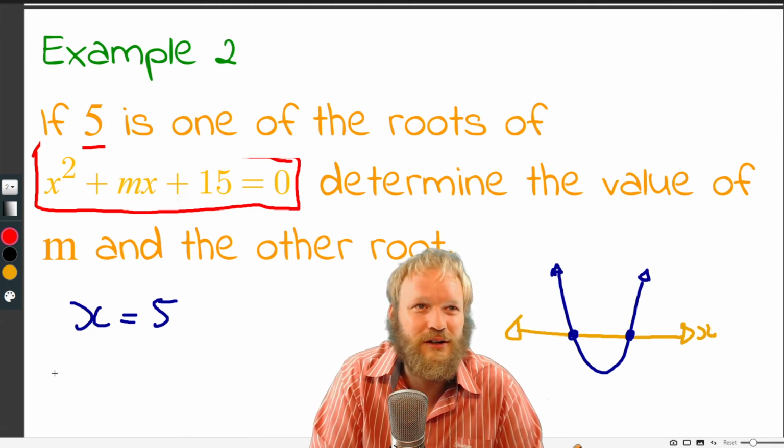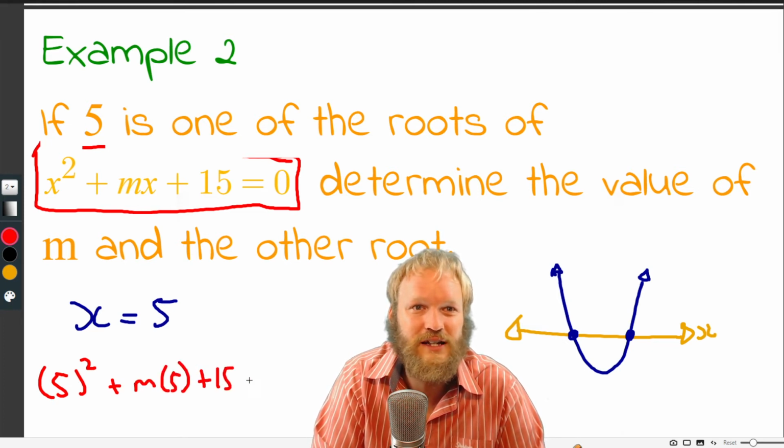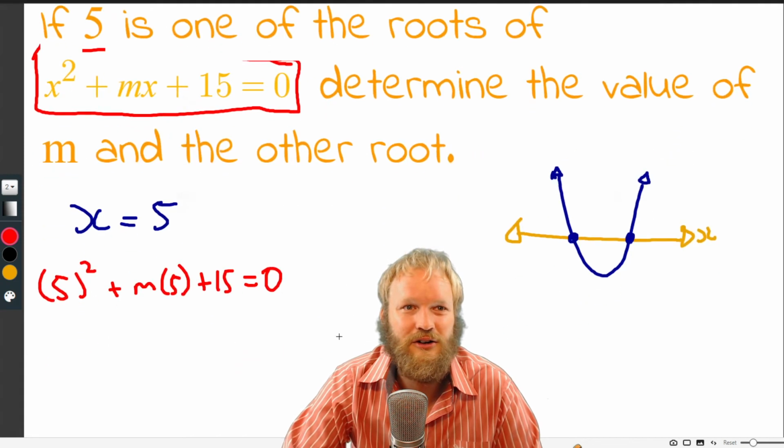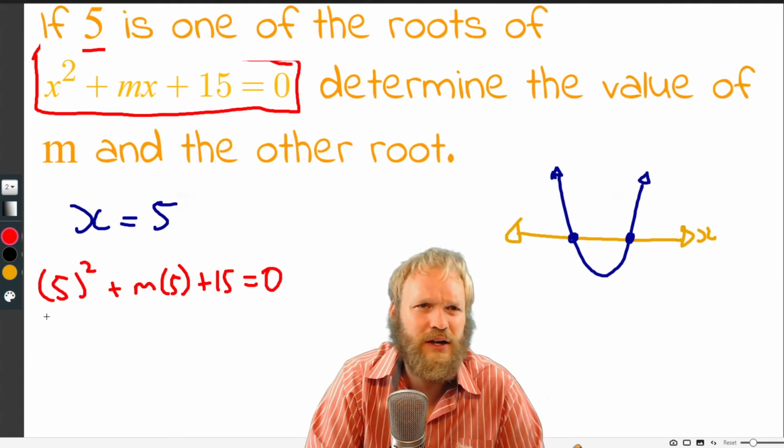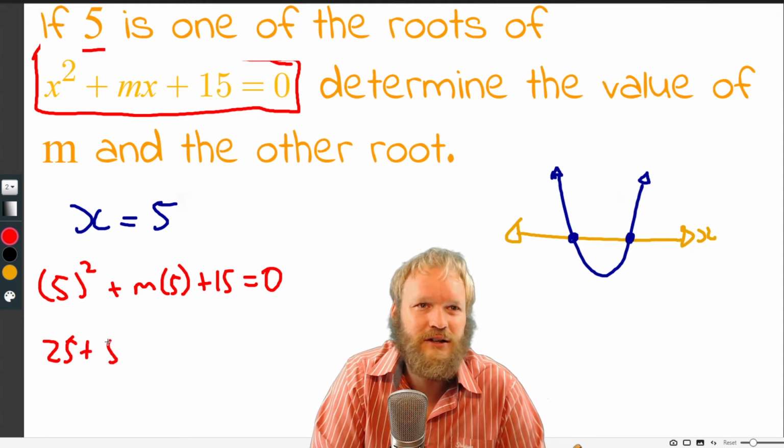So let's put it in. 5 squared plus m times 5 plus 15 equals 0. So 25 plus 5m plus 15 equals 0.